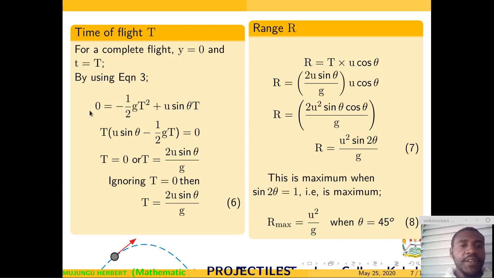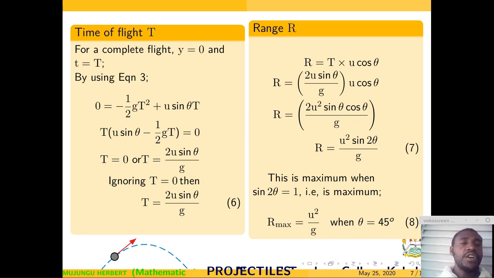Now for vertical displacement, when an object is projected up and then it comes back to the ground, vertically, when it is on the ground, its height will be 0. Initially at the point of projection its height was 0, and when it falls back on the ground, its displacement will again be 0.